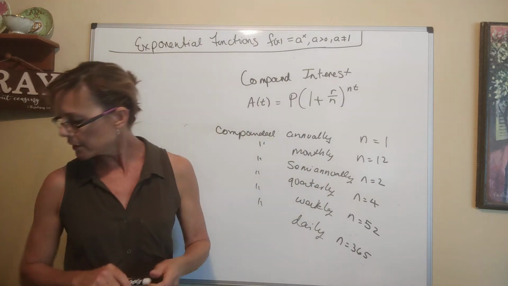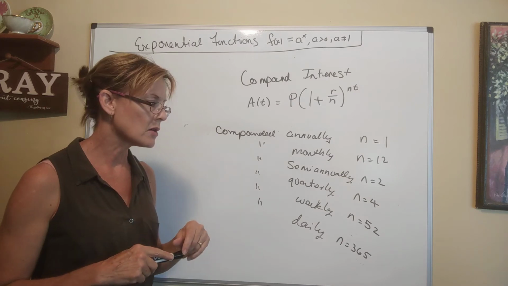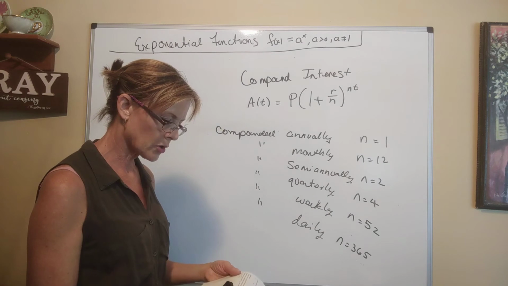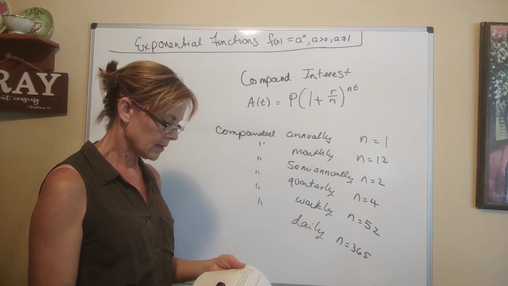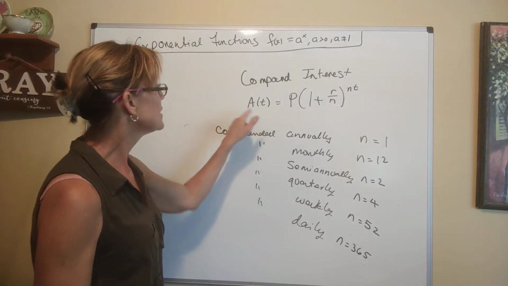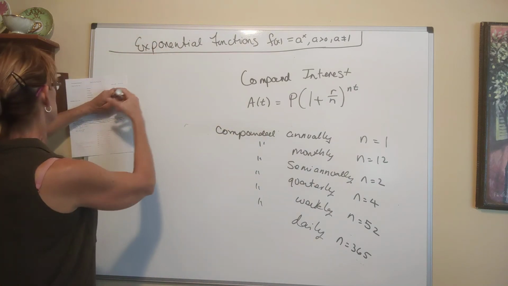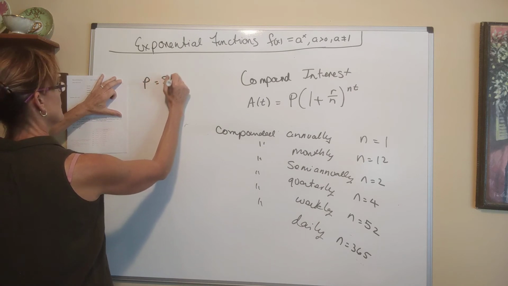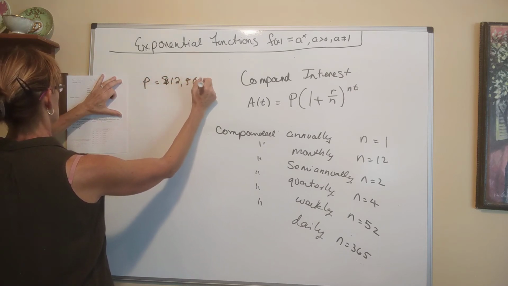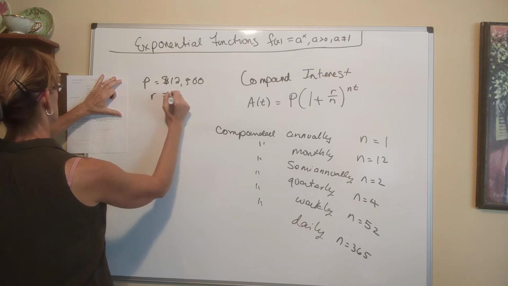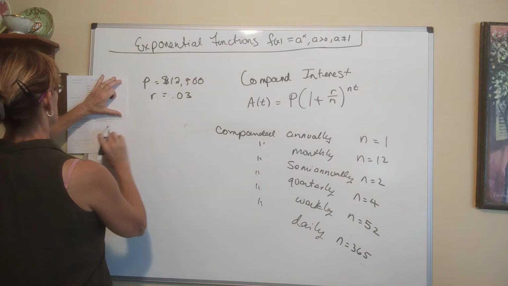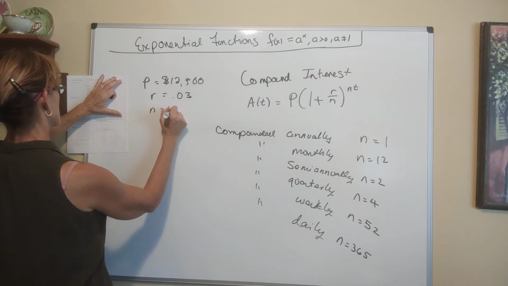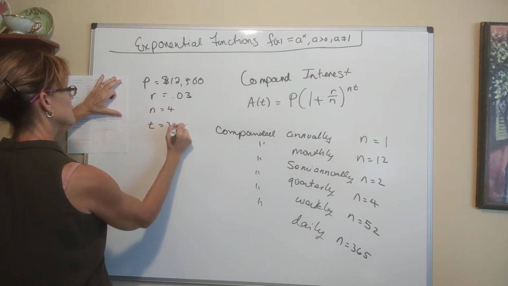I'm going to do one calculation with you just to show you how it goes, and then you can do the rest. Let's just do number 56. They want us to figure out A of T. In 56, they tell us that P is equal to 12,500, that R is 3% or 0.03, that it is compounded quarterly, so N is 4, and it's going for 3 years.